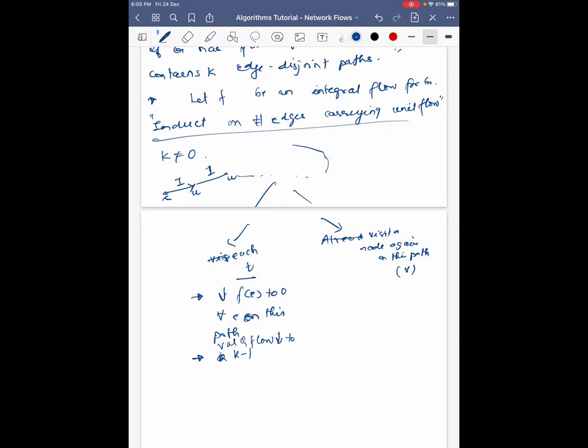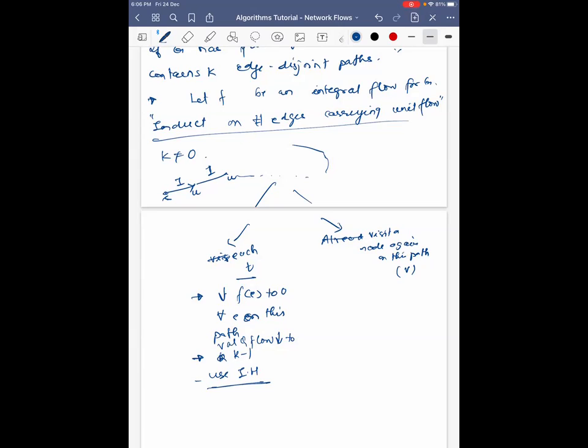So you can use your induction hypothesis to come up with the remaining K minus 1 edge disjoint paths. And they'll be disjoint because we've just removed these edges from the graph altogether.